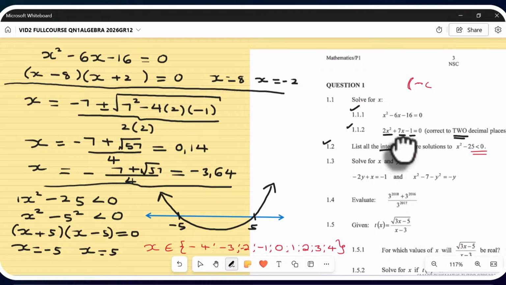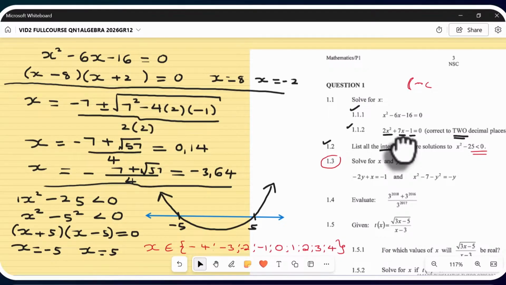After getting this, we come to the equation which is non-linear, and then we substitute. Wherever I see the x, I'm going to put 2y minus 1.